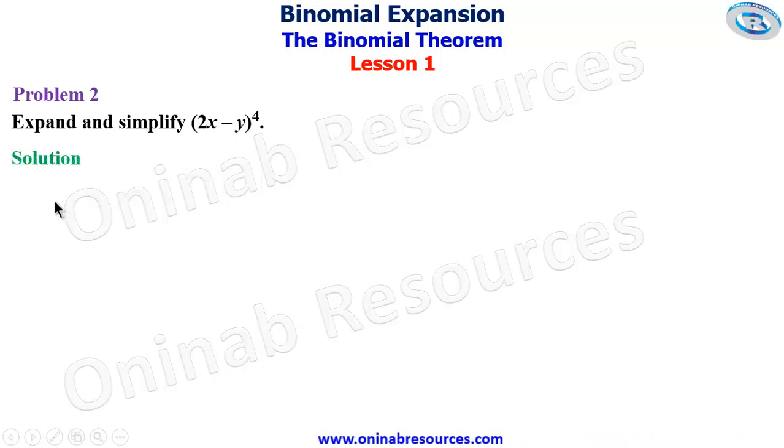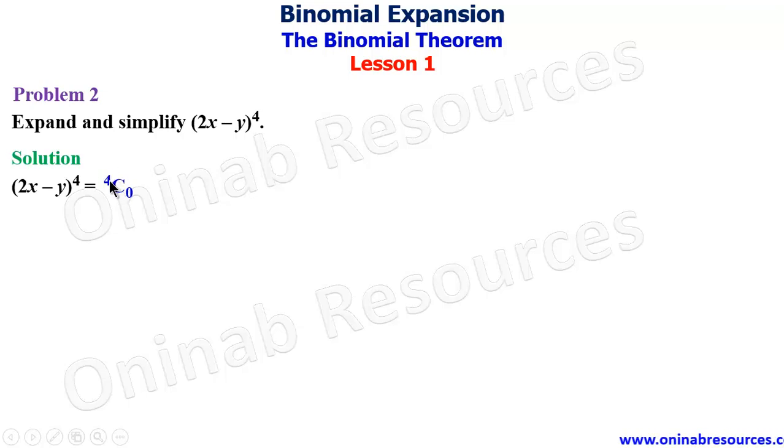In our solution, we have 2x minus y all to the power of 4. The power here is 4. And remember, we are going to have 5 terms. And starting from 4 combination 0, then at the first term, which is 2x, we start with the highest power of 4. So we have 2x to the power of 4. Remember, this minus y is going to be raised to power 0, which will still give us a 1.